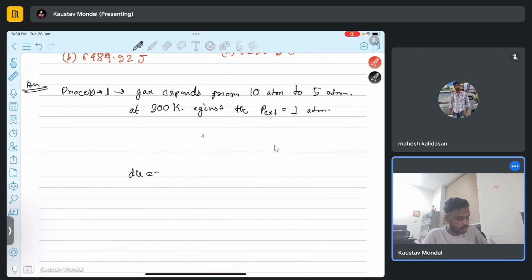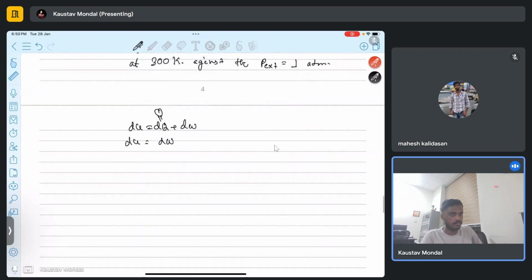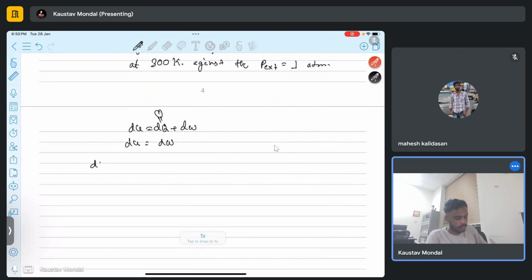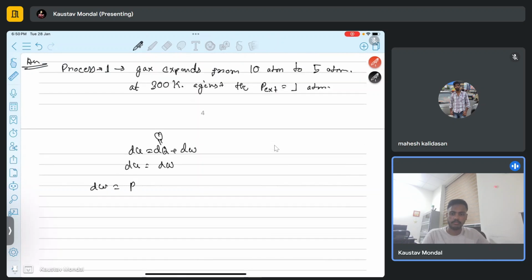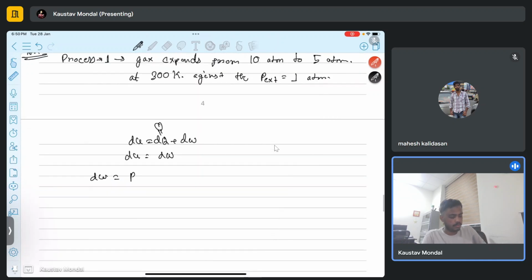Okay, so basically from the first law, dU equal to dQ plus dW, right? So here, as there is no change in heat in the system, dQ will be 0 completely, so dU simply will be dW. Now here, the gas expands, that means volume will be changed, so dW will be P external into dV.